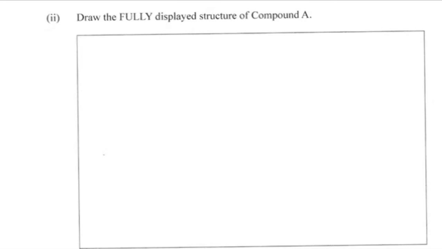Okay, so here we're supposed to draw the fully displayed structure of compound A, and we said compound A is butene, so we have four carbons present. Now we can put our carbon-carbon double bond between any of these. So I'll just put it between the first and the second one.